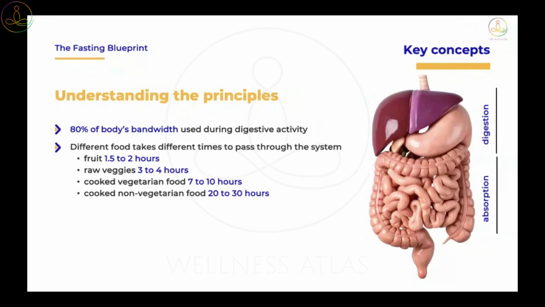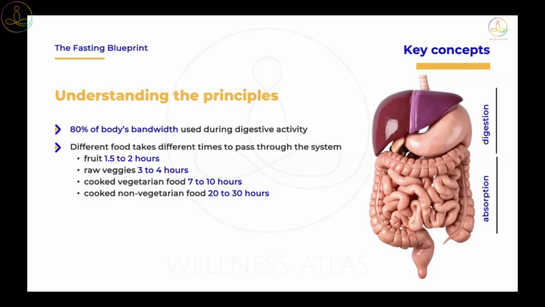The second thing we need to understand is that there are different kinds of food and they take different times to pass through our system, right? For example, if you're eating a fruit, typically 1.5 to 2.5 hours, depending on the water content of the fruit and so on. If you're eating raw vegetables, typically salads with more watery vegetables, 3 to 4 hours is what it takes.